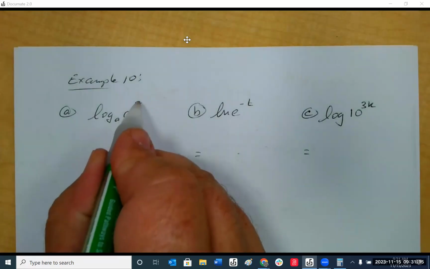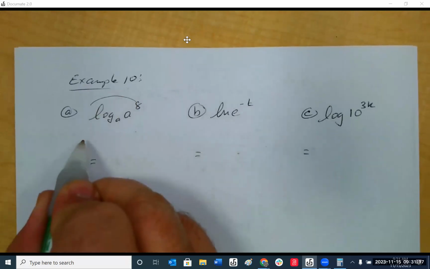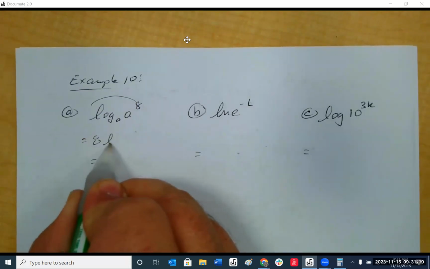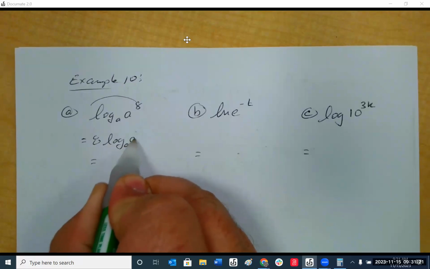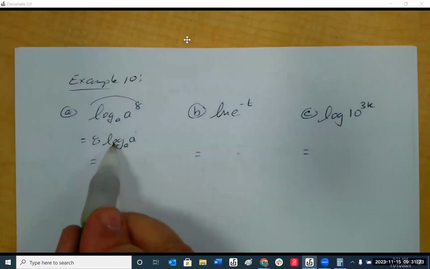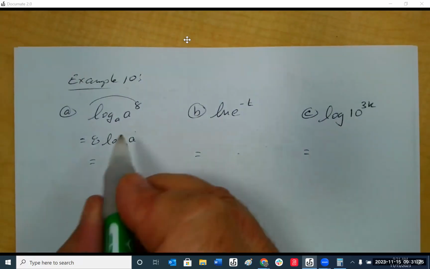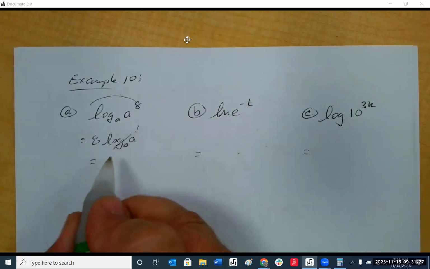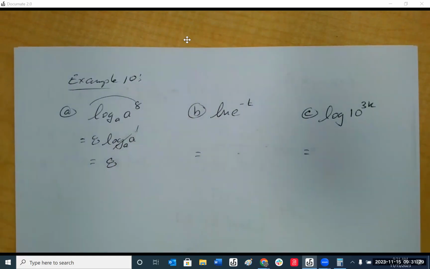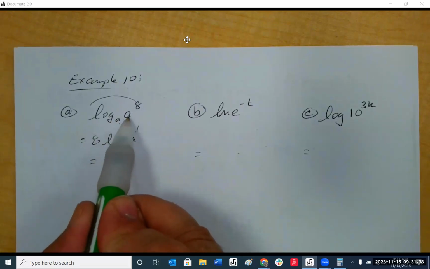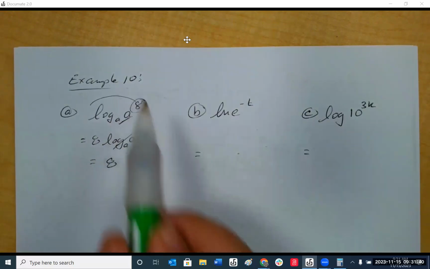If you have an exponent, that goes out in front. And log base a of a is 1. Or we can go to the other rule we learned, that if the base and the base are both the same, it's just the exponent.